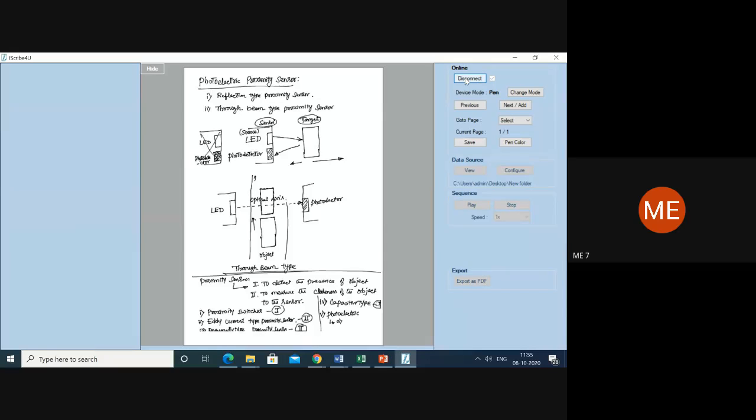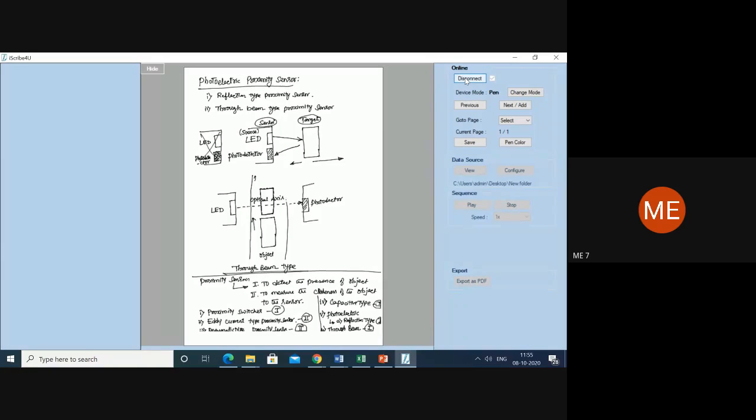A is the reflection type, which is used to know the second objective. B is the through beam, which is used for the first objective. Are you understanding what I am doing here? These are the various types of proximity sensor.